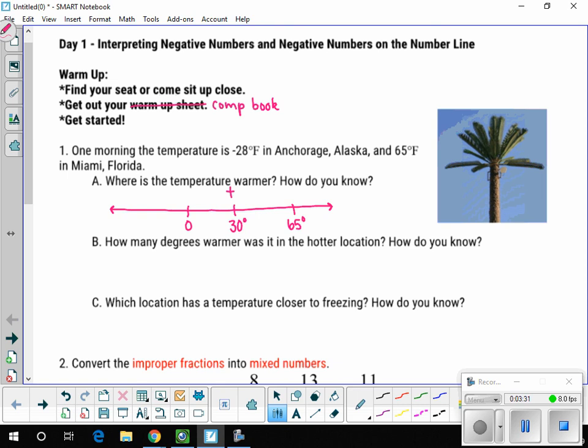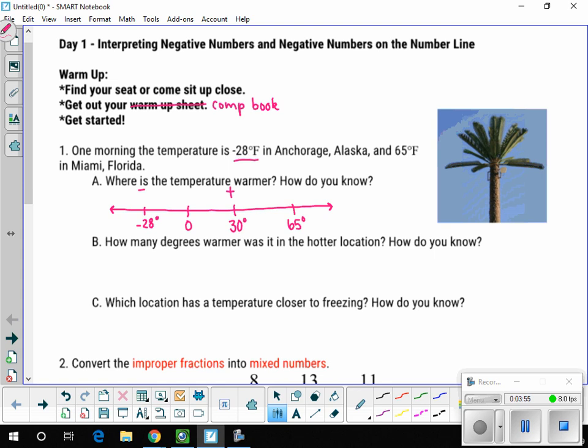But the temperature in Anchorage, Alaska is -28, which means it's going to be on the negative side of 0. And it needs to be about the same distance from 0 as 30 is. So I'm going to put it on the opposite side. Try and have about the same distance away from 0. And have -28 degrees. Okay?